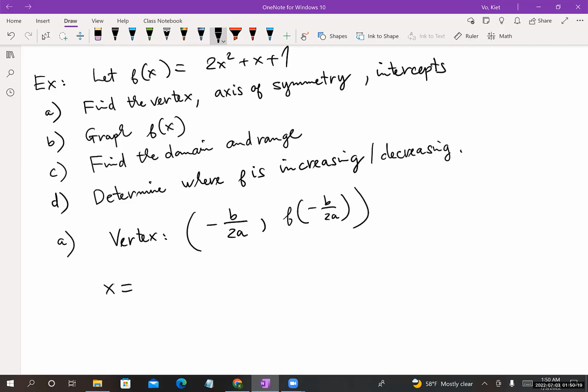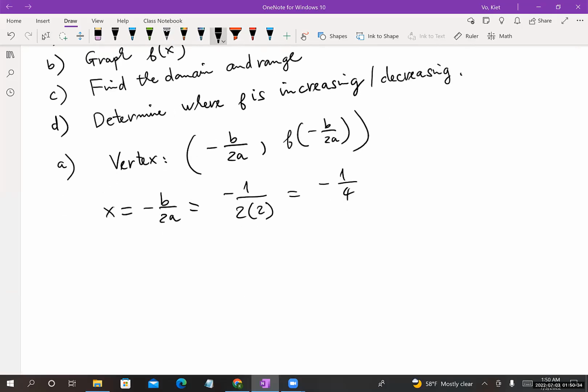So negative b over 2a is negative 1 over 2 times 2, so that's negative 1/4. Now the y value is f of negative 1/4.